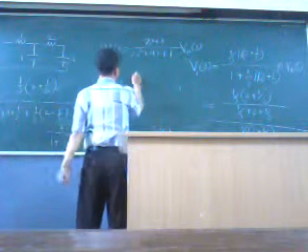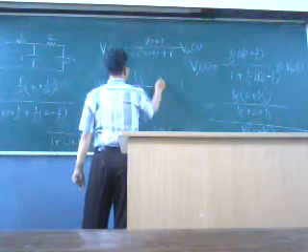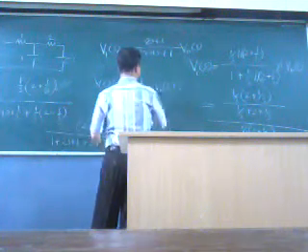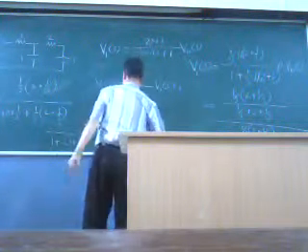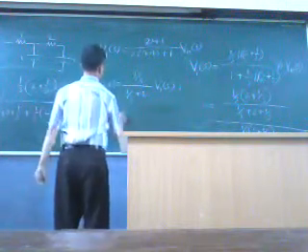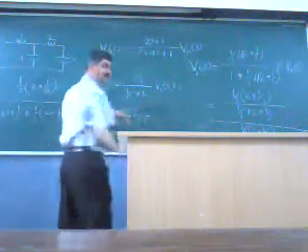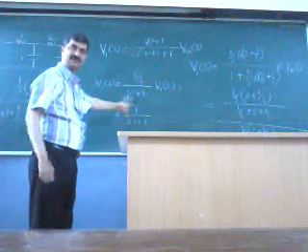That is 1 upon S plus 1 upon S plus 2 into V1S. So multiplying by S, we have 1 upon 2S plus 1. So we are getting rid of this automatically.